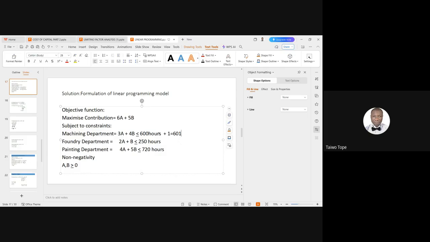If I now solve again, what will be the increase in contribution as a result of the addition of this one? That is what the concept of shadow price is all about. Once I treat this in relation to these equations, I can also determine if I should add one more hour to 400 departments.